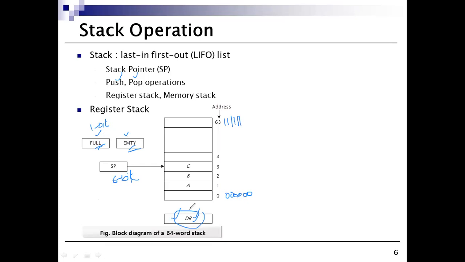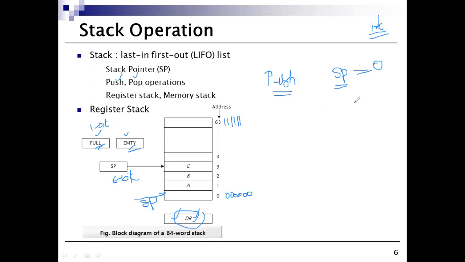Coming to the push operation, let me explain how the push micro operations are designed with respect to the stack. You know your SP always points to the top of the stack. So what are the initial conditions? Initially, SP will be at 0, because there are no elements in my stack.